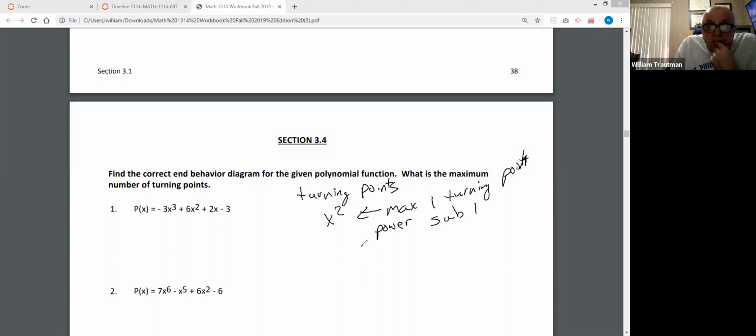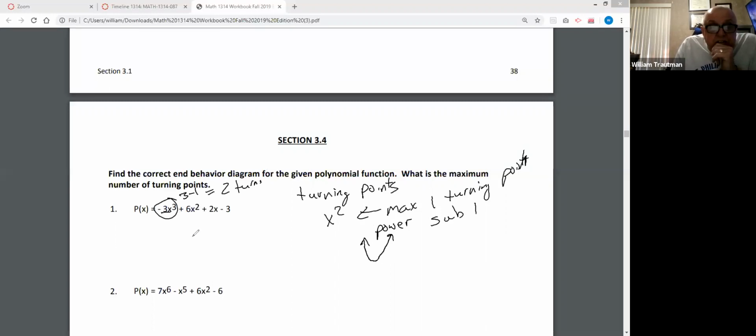In other words, a parabola turns once. You see an x squared graph, it turns once. An x cubed has 2 turning points. The highest power minus 1 gives 2 turning points. It's not always guaranteed, but it has a maximum of 2 turning points.